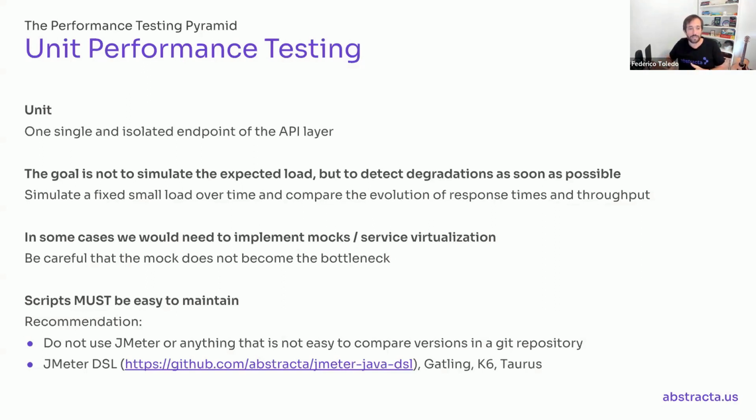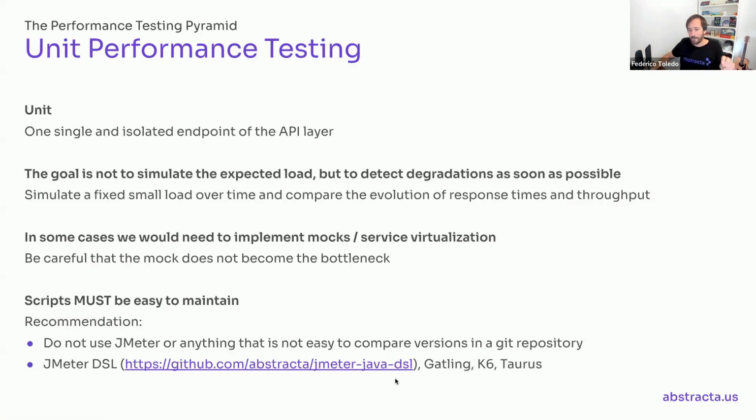It's going to be more integrated in the IDE, so it's going to be easier for developers to collaborate. If you already have the repository with the test automation, you can add the performance test automation in the same repository. So it has a lot of advantages, and if you know how to code, you are going to be much faster preparing the scripts. It's free to use because it's open source, so I really recommend to take a look at this one.